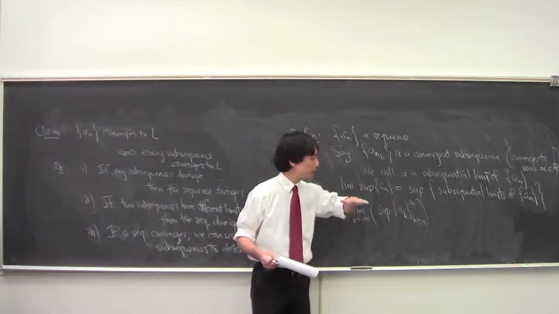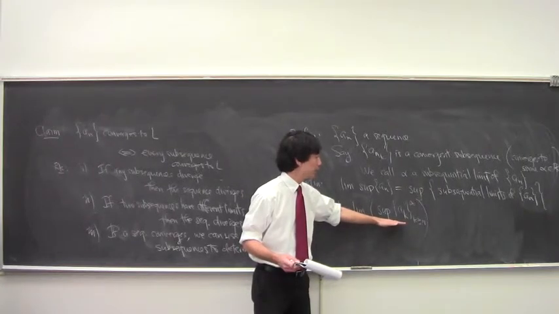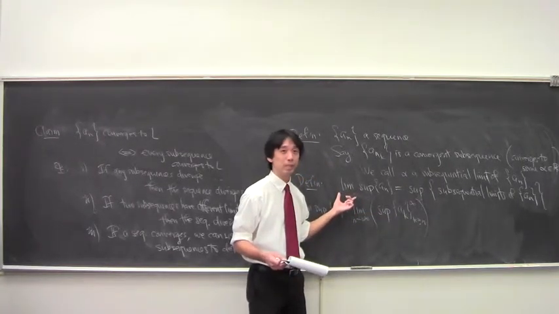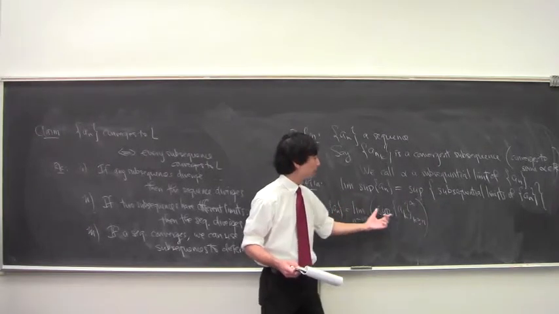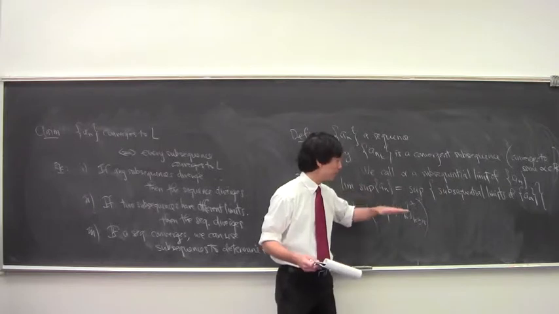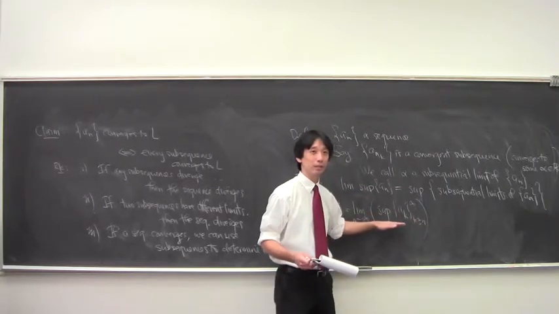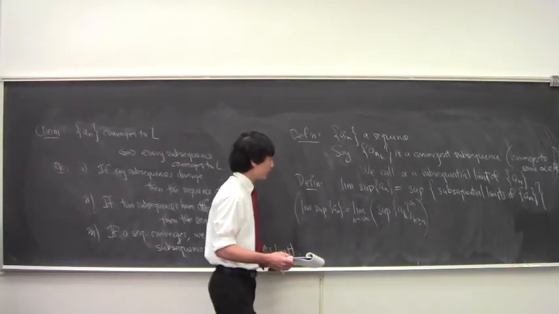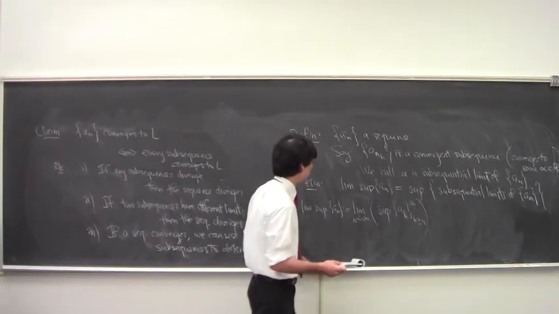Remember we did this for bounded sequences initially. Since it's a bounded sequence, it's bounded below, and so this is going to have a limit by the monotone convergence theorem. Okay. So that's how we defined the limsup before.